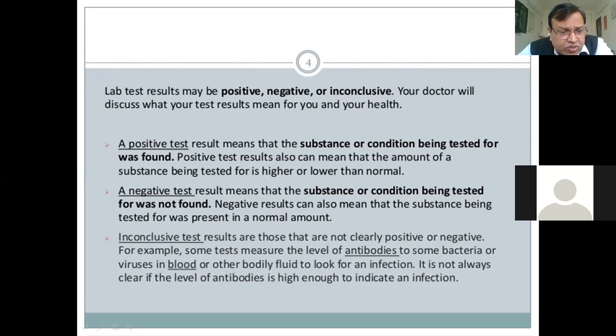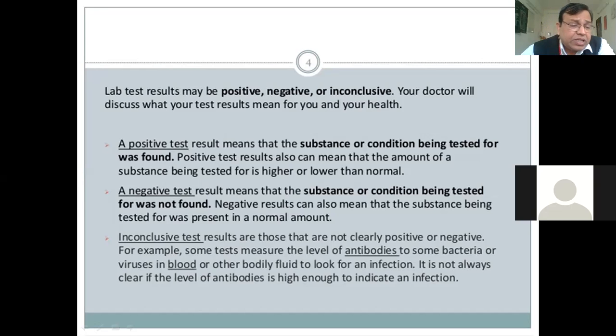Now inconclusive test results are those that are not clearly positive or negative. For example, some tests measure the level of antibodies to some bacteria or virus in the blood or other bodily fluid to look for the infection. It is not always clear if the level of antibody is high enough to indicate the infection.